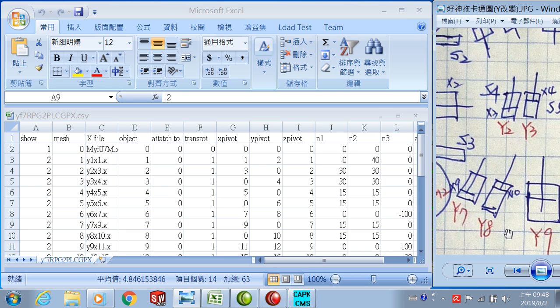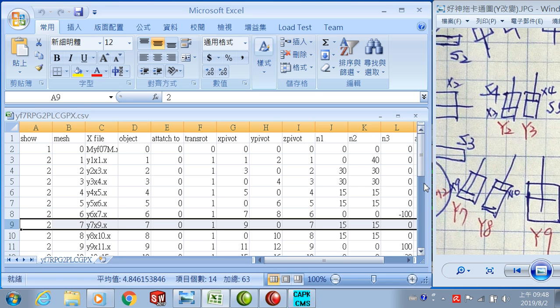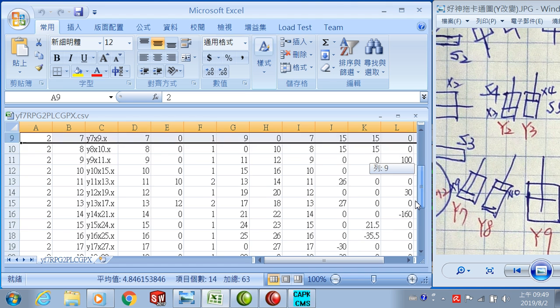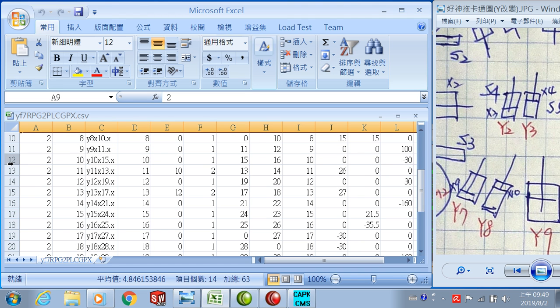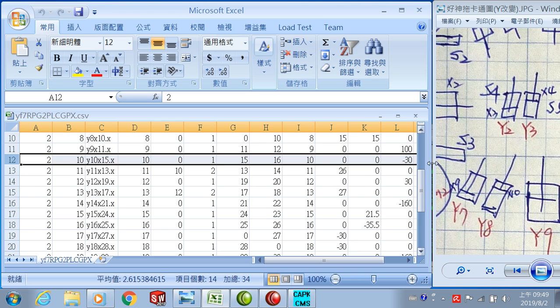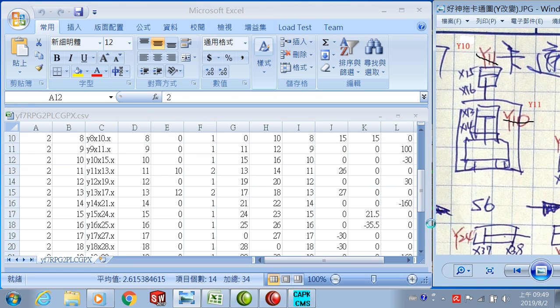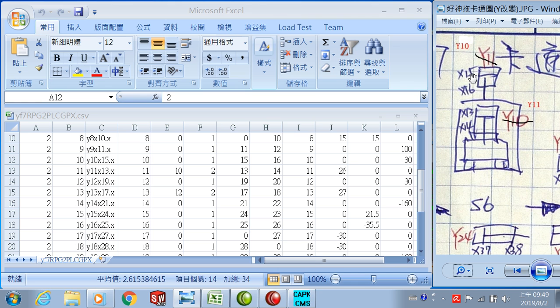So S7, Y7, S7, Y8, Y9 we just skip. So we tell the Y10, S15. Y10 S15 is this cylinder.